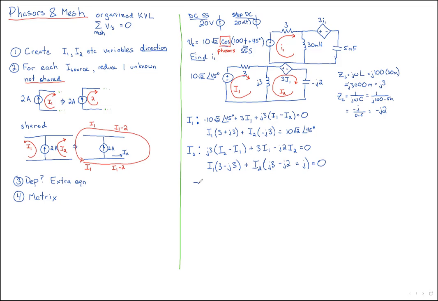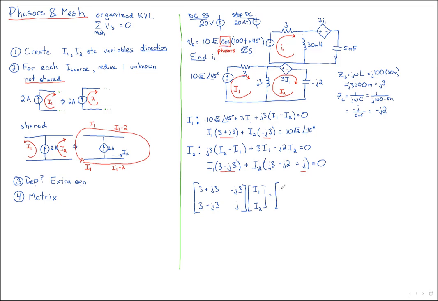So now we can write our matrix. And our matrix will be using this thing. These are our 4 matrix components. So it's 3 plus J3, minus J3, 3 minus J3, and J. And all that is times your I1, I2.